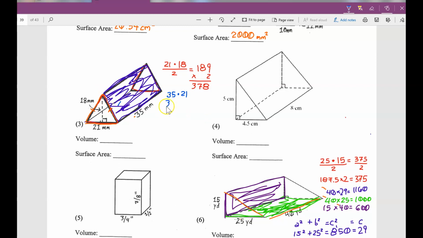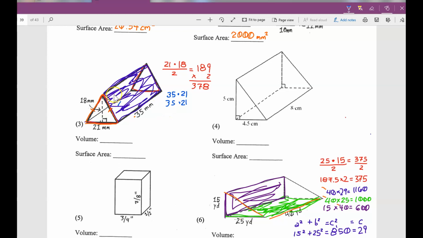Then we're also going to do 35 times 21 across the bottom. That's going to help us find the floor. The floor, the part that's on the bottom, that's going to be another 35 times 21.